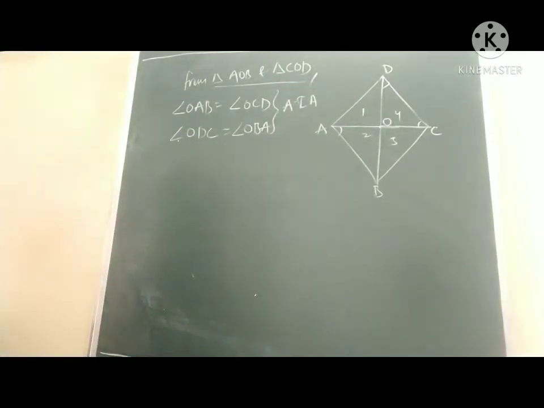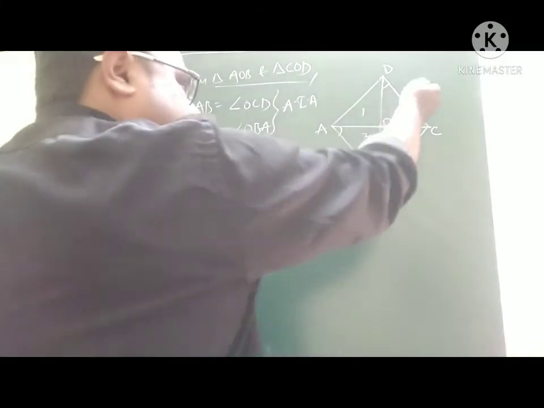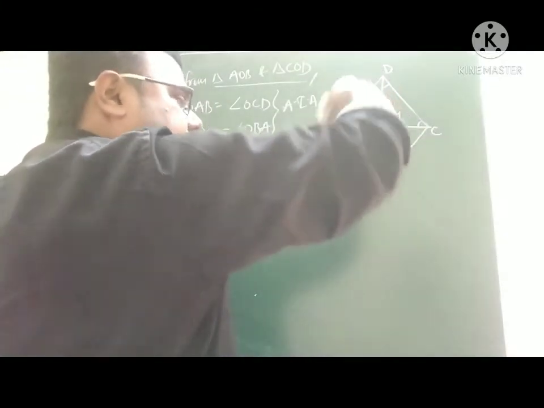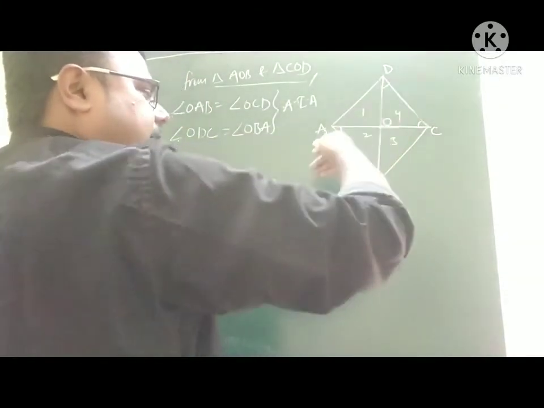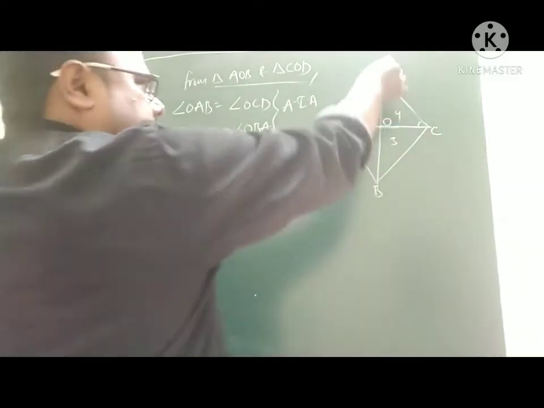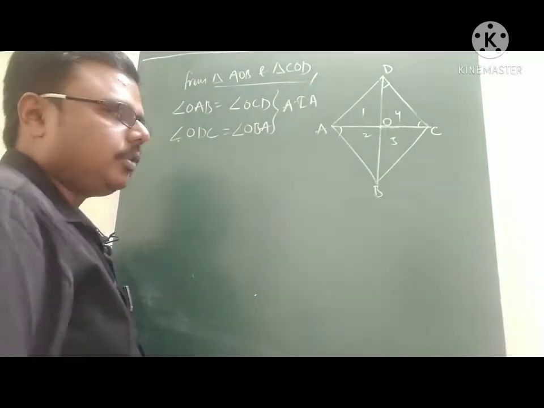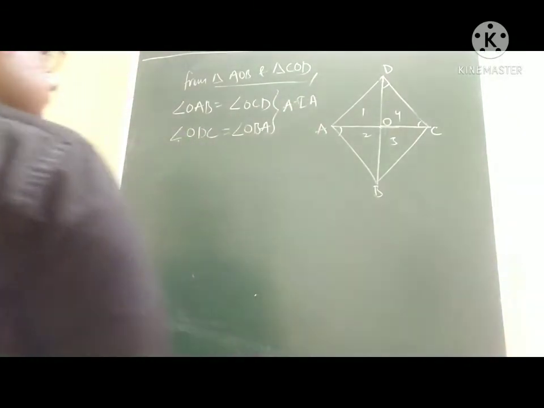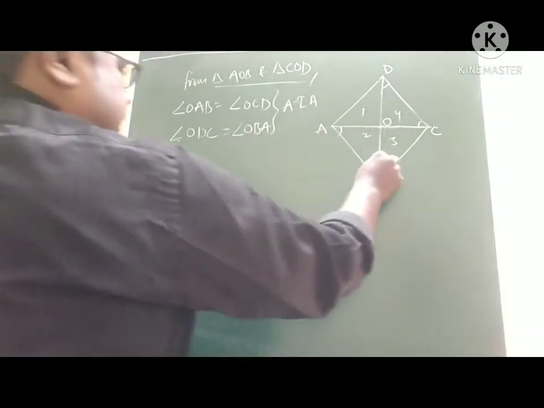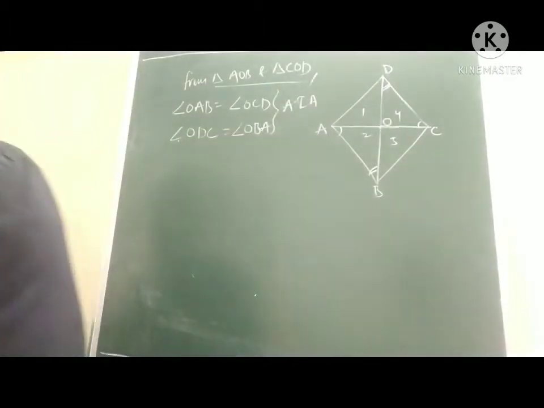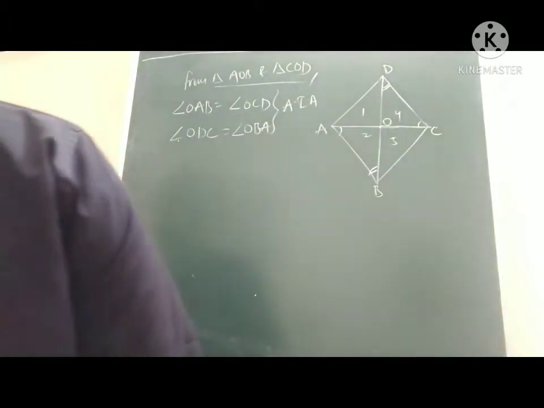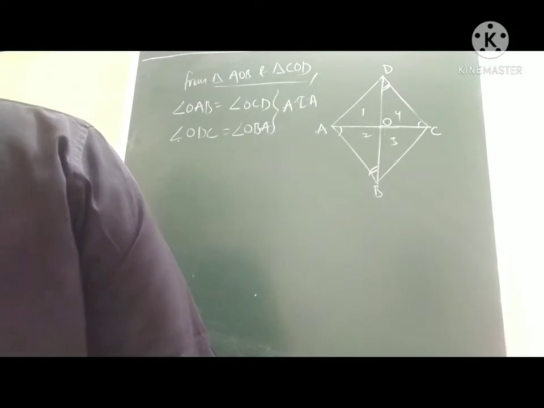Because we know that the opposite sides are equal and they are parallel in a rhombus. All the sides are equal, but especially the opposite sides are parallel. So these lines will be considered as transversals when they are parallel. So we can have alternate interior angles here. So we got the two angles equal as of now.